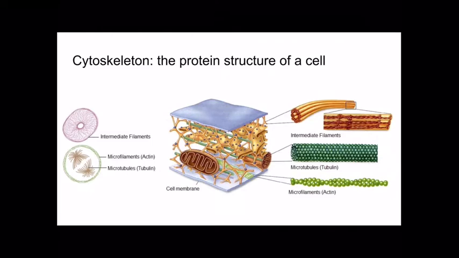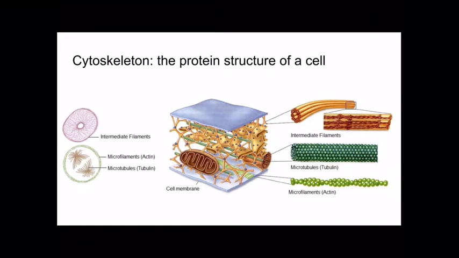For instance, the endoplasmic reticulum needs to stay oriented to the nucleus, and so intermediate filaments are going to help with that orientation and the connection between those organelles that need to stay in close proximity to each other. So that kind of thing is what intermediate filaments are doing, but also creating more support.